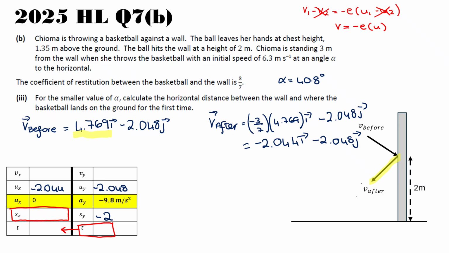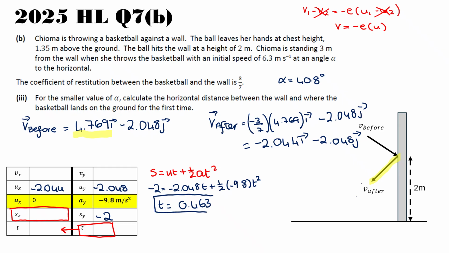Our formula that we're going to use is s equals ut plus a half at squared. So our s is minus 2 equals minus 2.048 times t plus a half times minus 9.8 t squared. We're going to get two values of t here. The only one that's actually going to be valid is the positive one. So we get t is equal to 0.463.